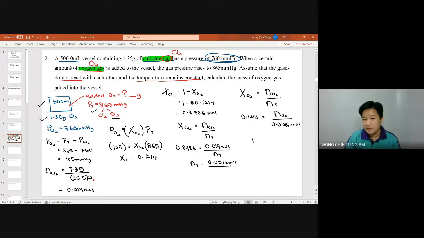So from that, you will then get the number of mole of oxygen. But do we stop at oxygen? Do we stop at number of mole? Question asking for mass. Yang ni saya tak payah tunjukkan. Okay. So mass of oxygen, gas.